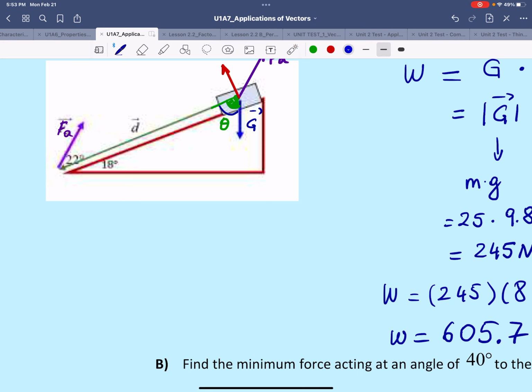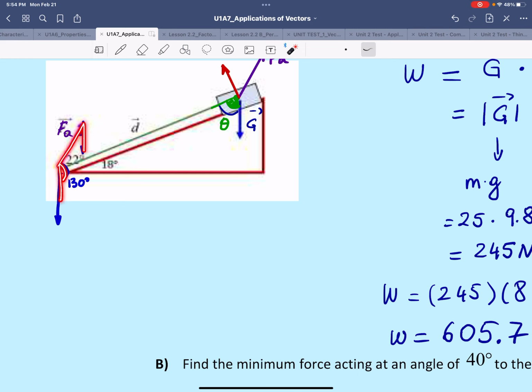So if I had the force FA right here and drew the gravity with tail at the head of vector FA, then I will have to think of what angle they're going to make together. So here we go. We're going to have gravity going down here. So that would make this angle, this is 40, so this is 90, so this would be 130 degrees. So if this angle is 130 degrees, and I decided to bring gravity now with the tail at the head of FA, then remember that we have a C pattern, right?